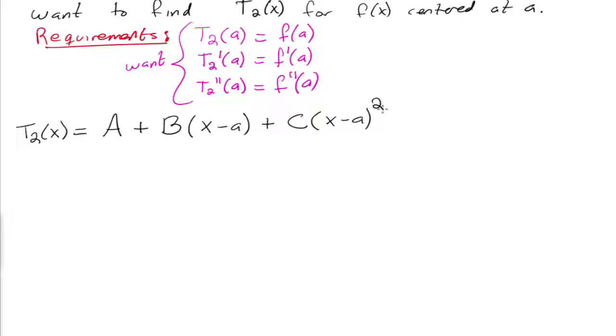It's a polynomial. So when you say T2 of A, you're saying the y value of T at A. Just like when you say f of A, that's the y value of f at A. If you say T2 prime of A, that's the derivative of T at A. Does that make sense? So let me go back to the picture again.